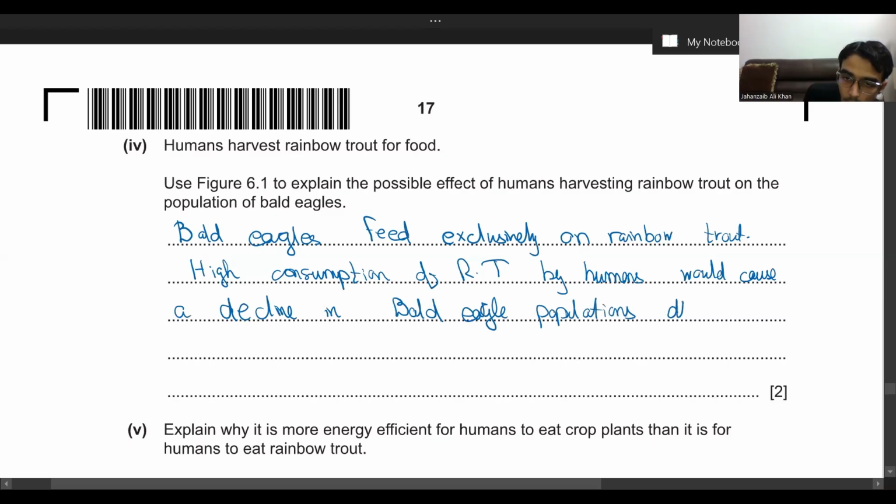Why? Due to scarcity of food. Food becomes scarce. There you have your 2 marks.